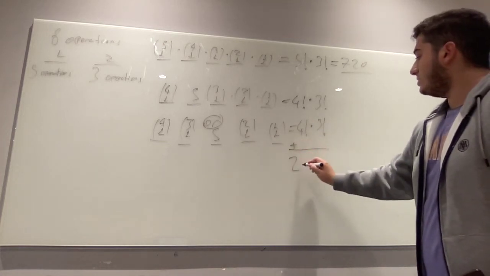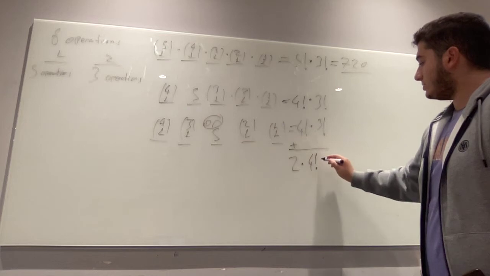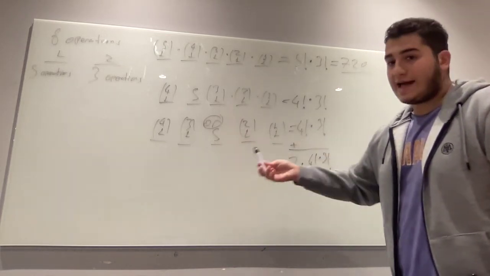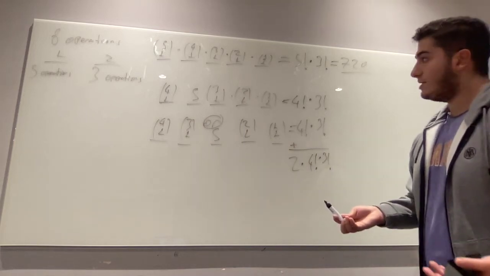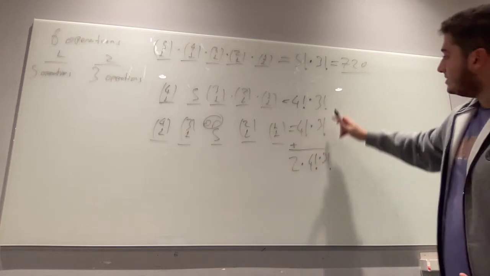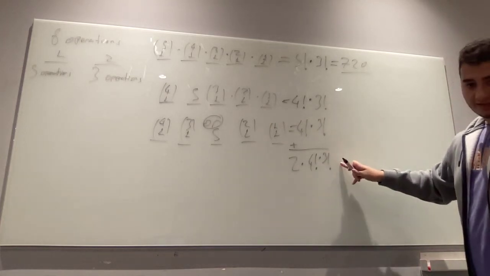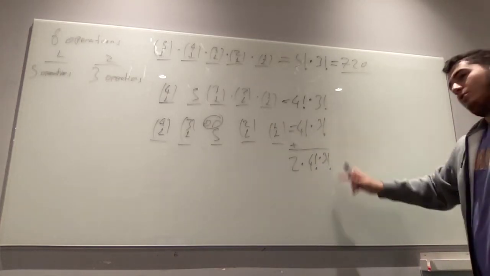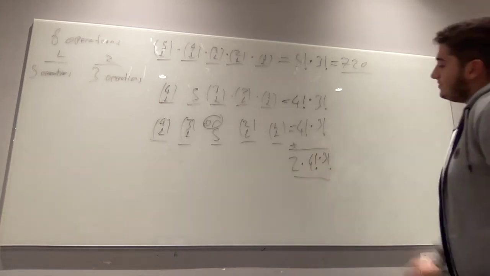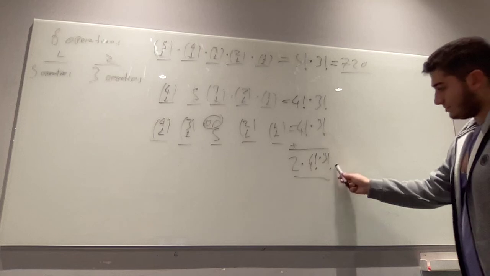That's equal to 2 times 4 factorial times 3 factorial, because it's OR, not AND, not happening at the same time. That's the number of favorable outcomes.